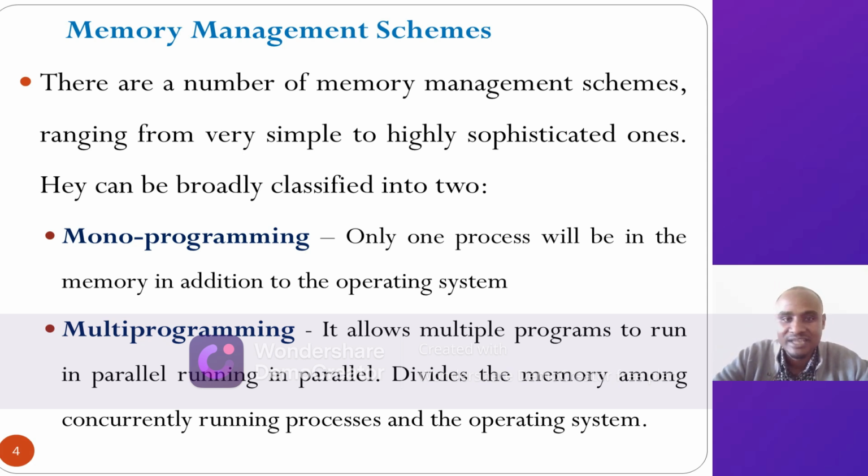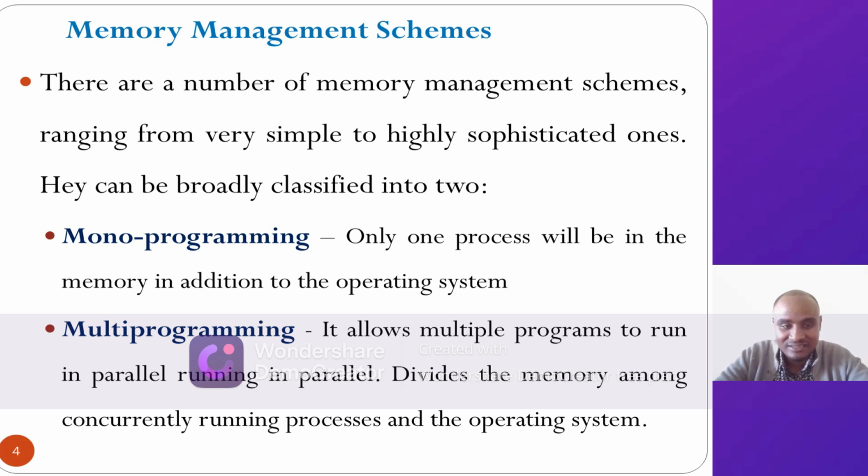Now the memory management schemes. There are a number of memory management schemes, ranging from very simple to very sophisticated ones. They are broadly classified into two: monoprogramming and multiprogramming. Monoprogramming means only one process will run in memory in addition to the operating system. Multiprogramming means it allows multiple programs to run in parallel or concurrently.